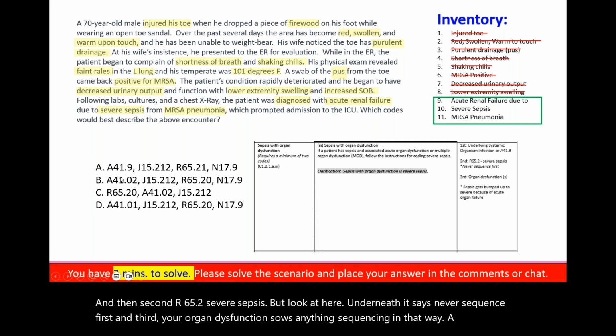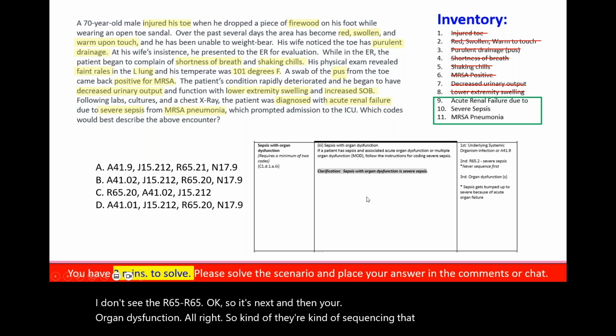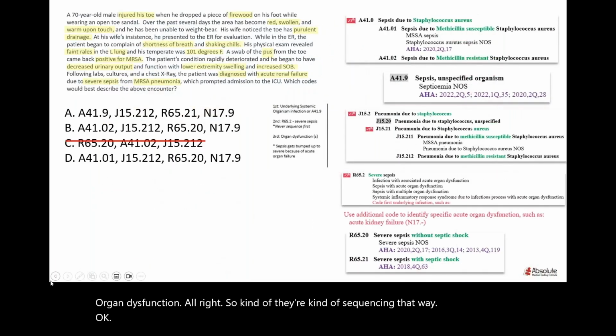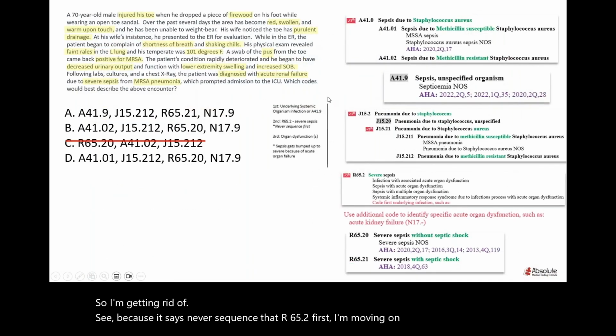A41 for one, A41 for one, A41 for one. I don't see the R65, R65. Okay, so it's next, and then your organ dysfunction. All right, so they're kind of sequencing that way. Okay, so I'm getting rid of C because it says never sequence that R65.2 first. I'm moving on.